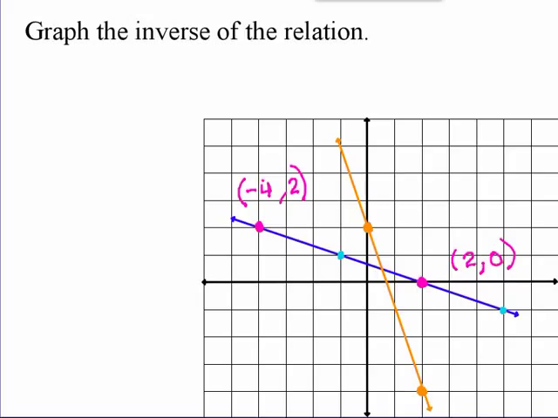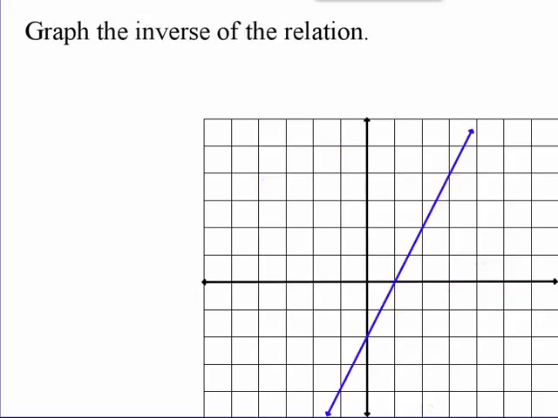So what I want you to do now is go ahead and complete this one. Graph the inverse of that relation. So pick any 2 points, flip them, and then draw the graph.